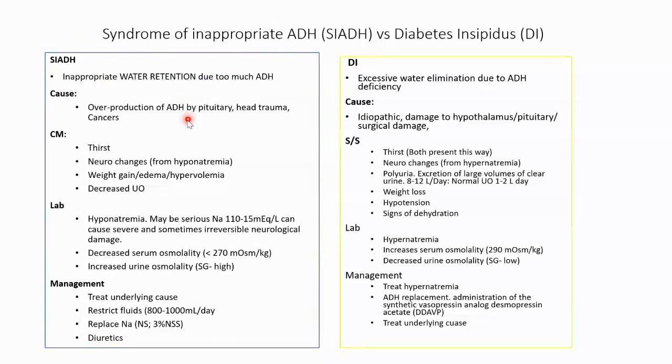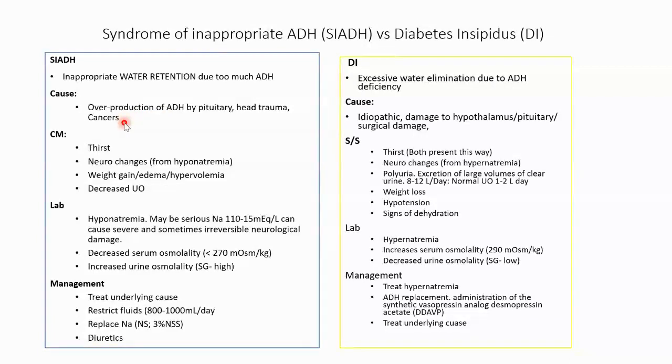What are the causes? Overproduction of antidiuretic hormone by the pituitary tends to occur in a patient who has head trauma, where the pituitary gland is compressed or affected in some way.